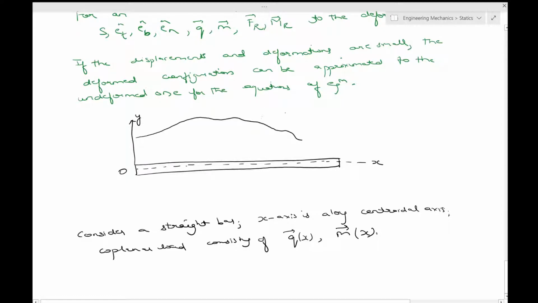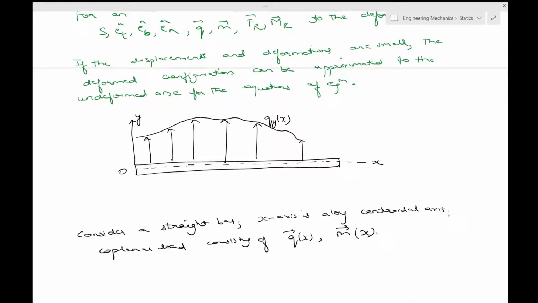This is Q_y of x. Then you have this moment, which I'll show in a different color. This was M of x.